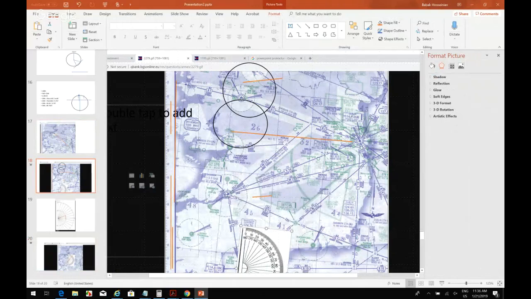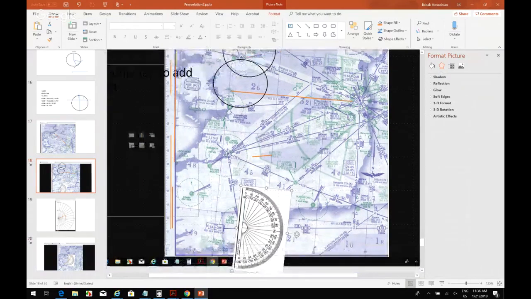What's the reciprocal of 317? 317 minus 180 is 137. One three seven.